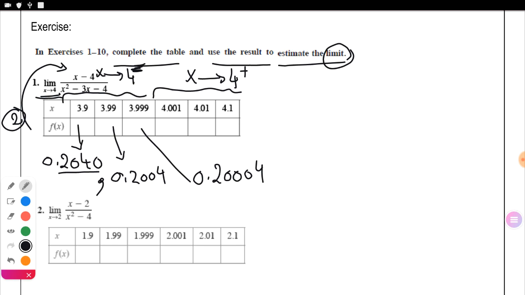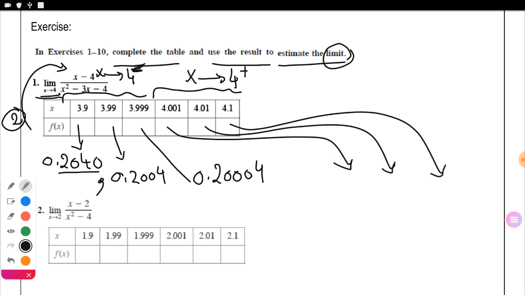Now I will find the values of f(x) here, and you can write them in empty squares, but to make you see the answers easily, I write big numbers. It will be 0.19996.